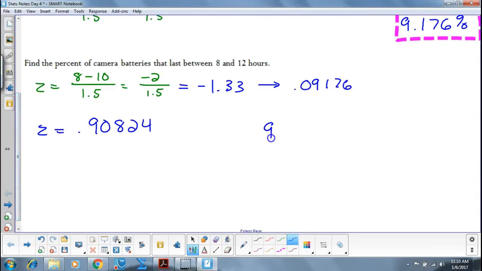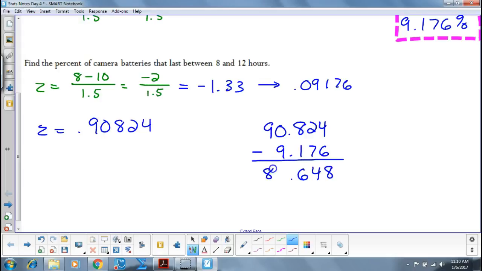So 90.824 minus 9.176 is going to be 81.648% of the batteries are in that one. Yes?